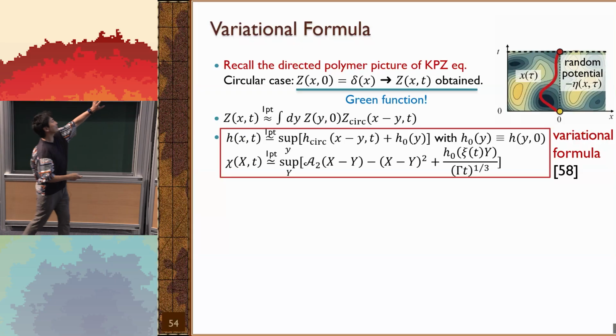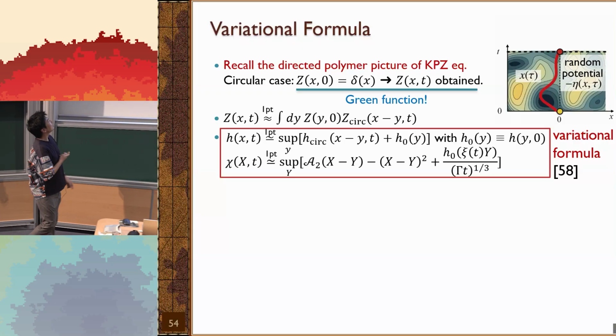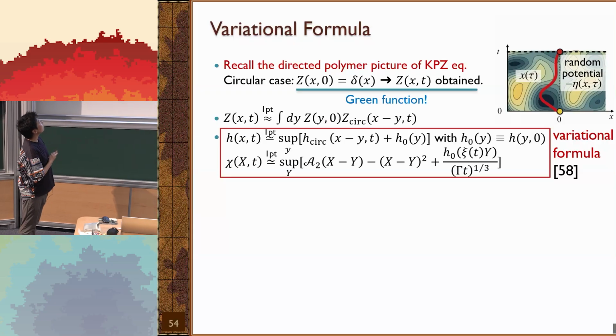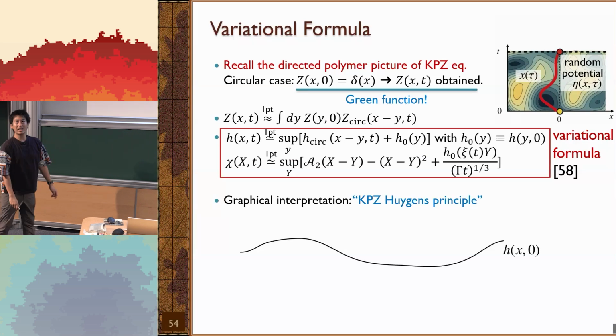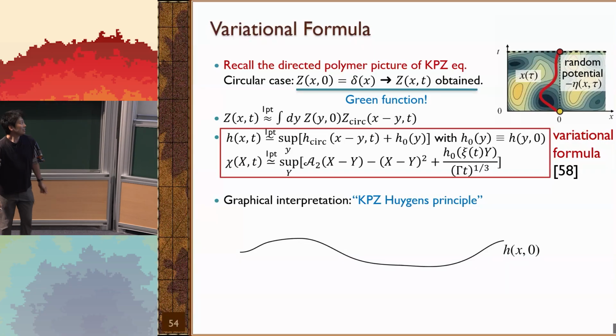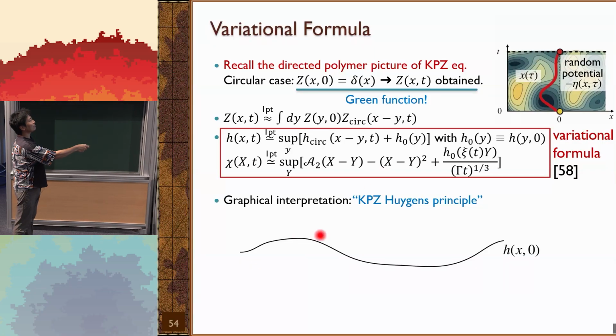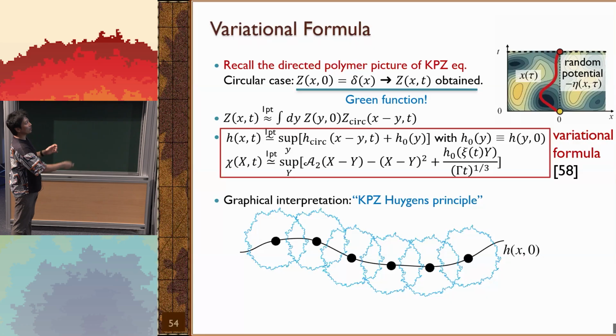And actually, there is a nice graphical representation for this variational formula, which I call the KPZ Huygens principle. So suppose you have a general initial condition, h of x and 0. Then we regard this line as a series of point sources for circular interfaces.